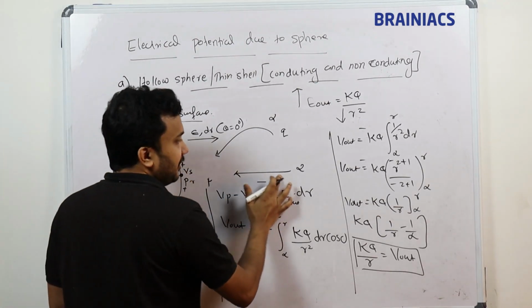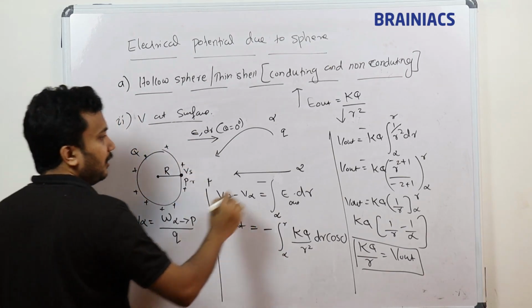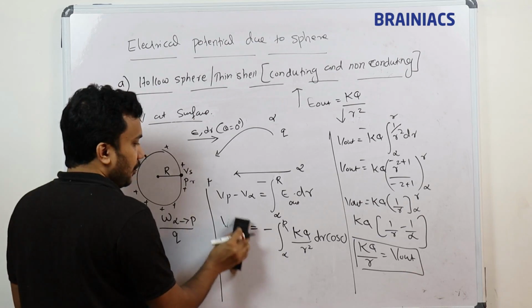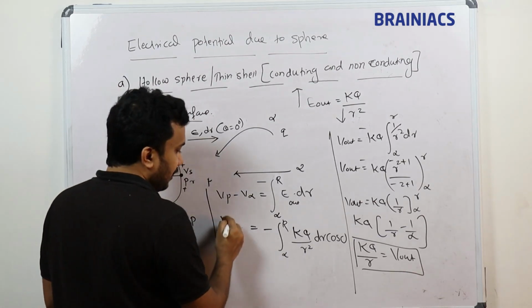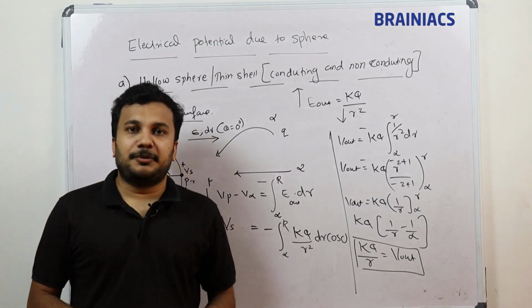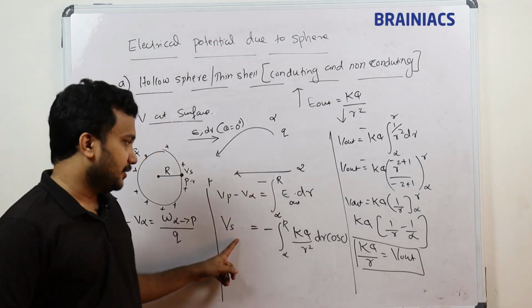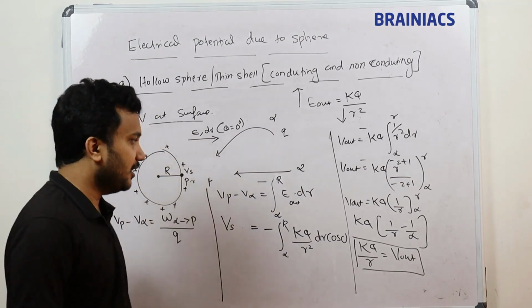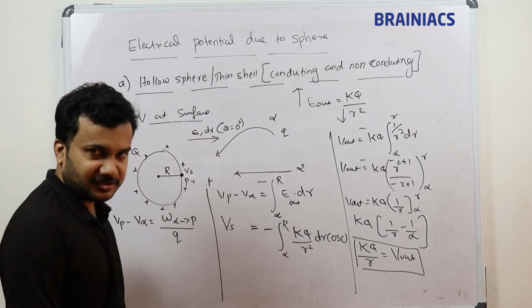So what is the limit of integration? Instead of small r, now capital R will come. And instead of V out, we will write V at surface. So the potential at the surface is equal to the integral from infinity to R of KQ divided by r square into dr into cos 0.